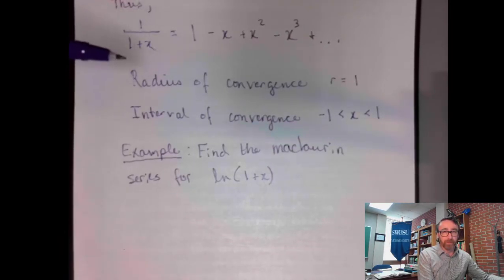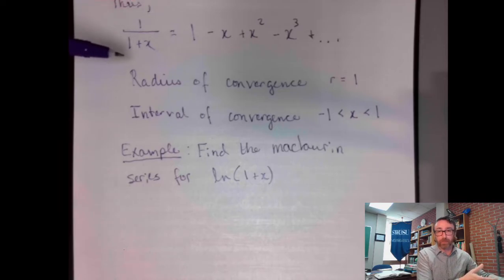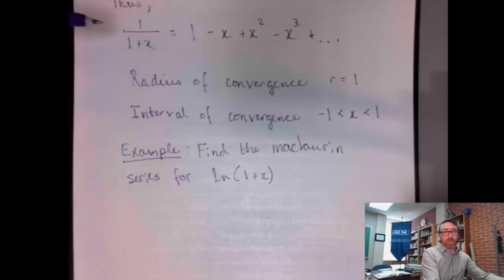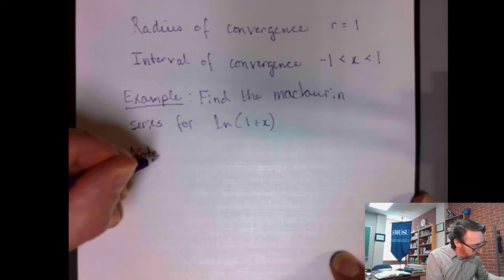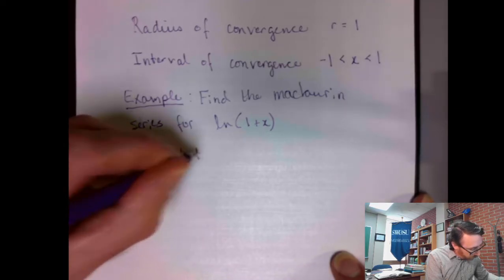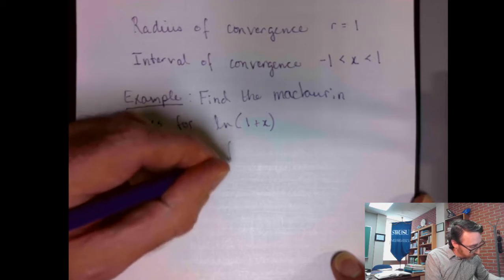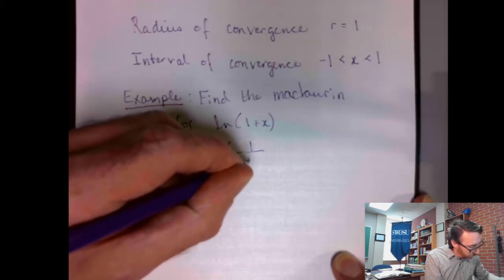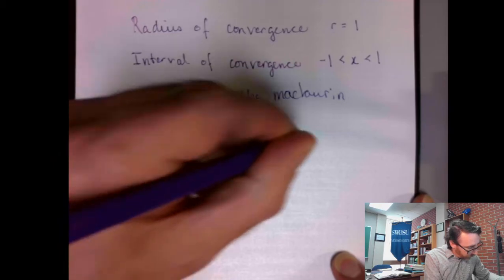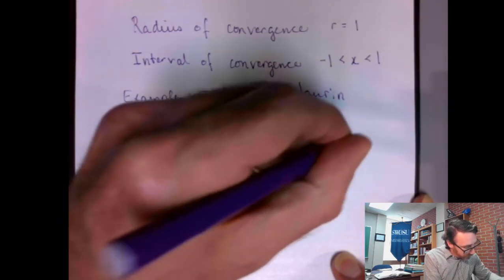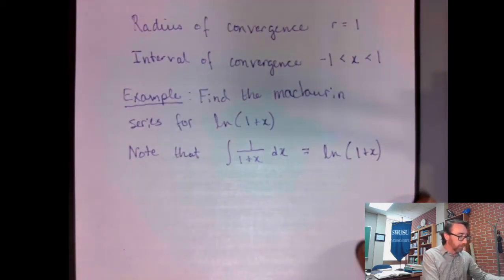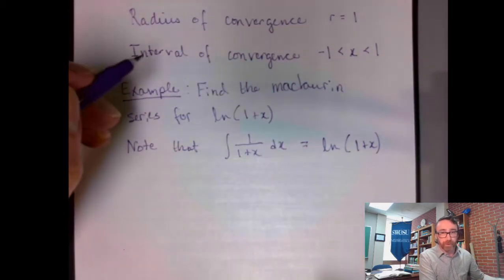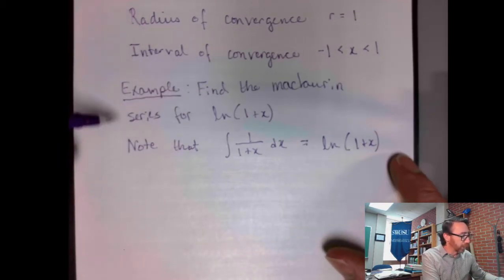We have found from scratch, we did the derivatives, found the Maclaurin series for 1 over 1 plus x. Now the thing that we're going to do here is we are going to note that if I were to integrate 1 over 1 plus x dx, I get ln of 1 plus x. Actually there's a plus c there, but don't worry about that for right now.